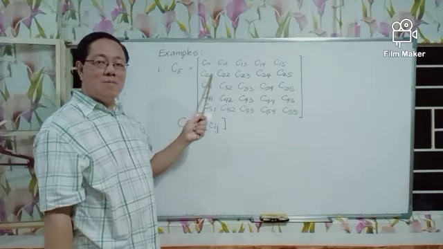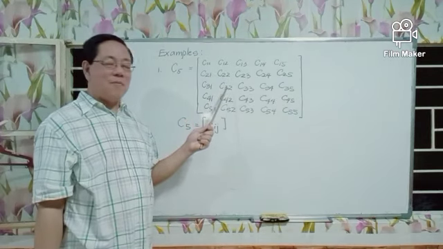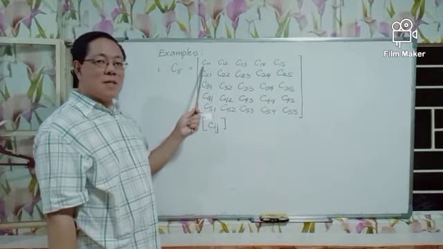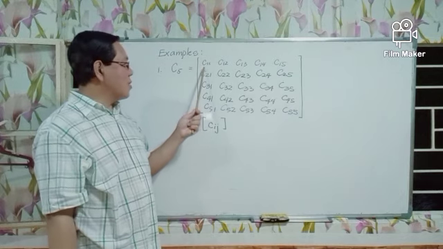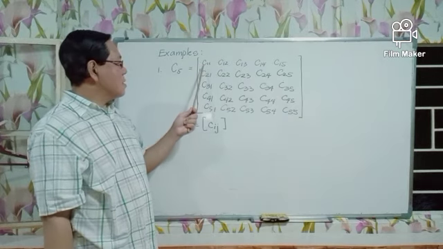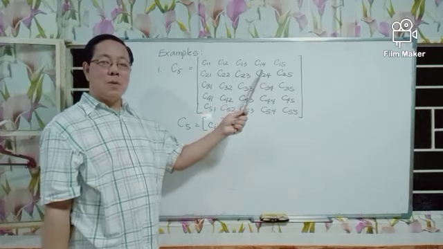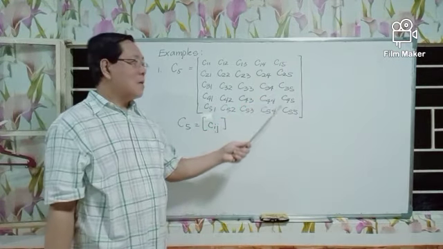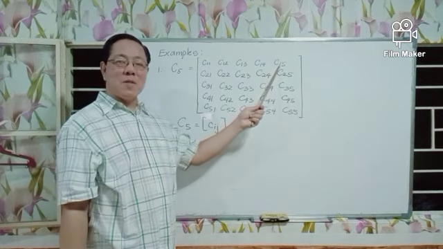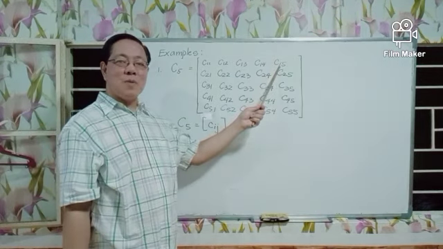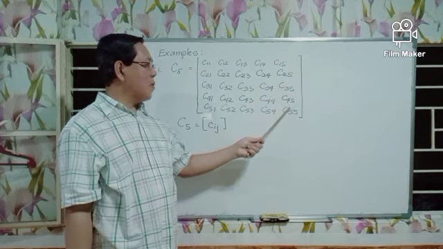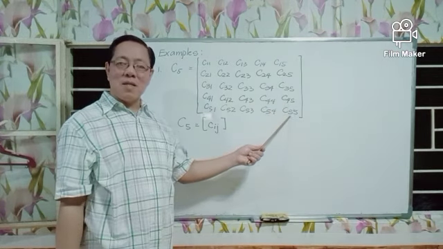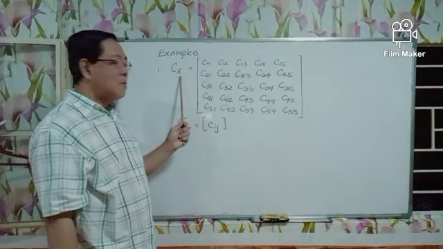And these are the entire square matrix C sub 5 with entries denoted by small letters with double subscripts. These are the entries of the first row, and these are the entries of the last row. If you count, the first subscript goes from 1, 2, 3, 4, 5 because the square matrix C has 5 rows.